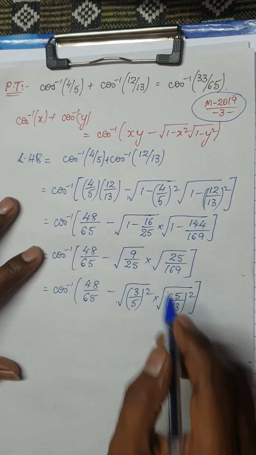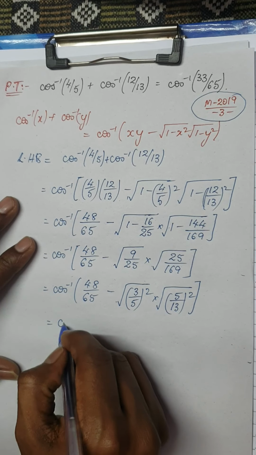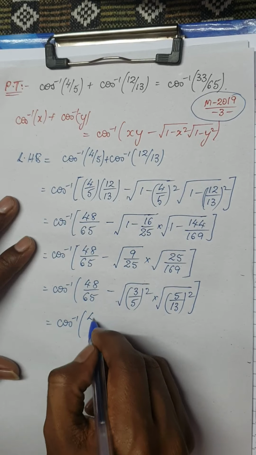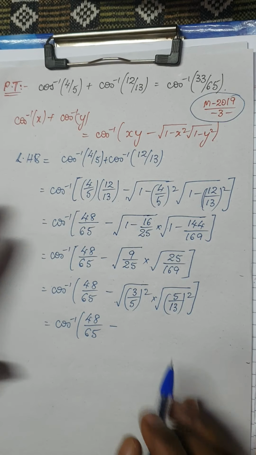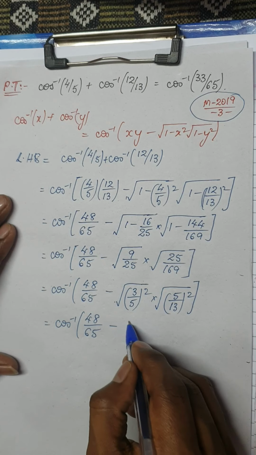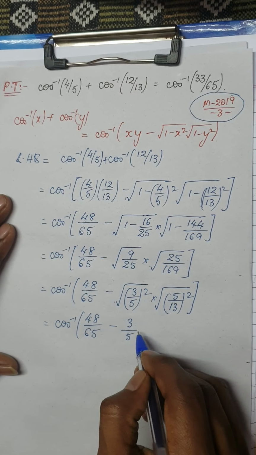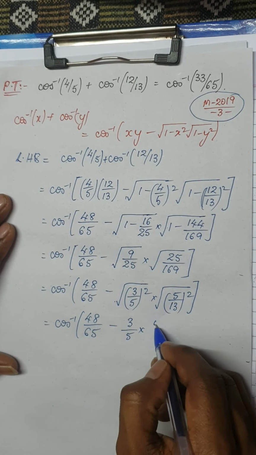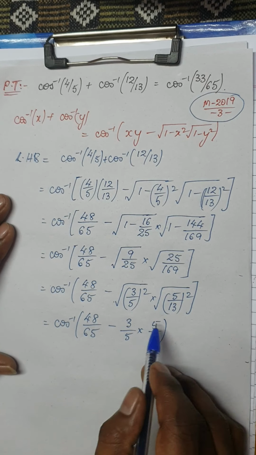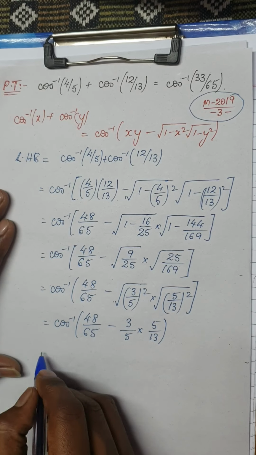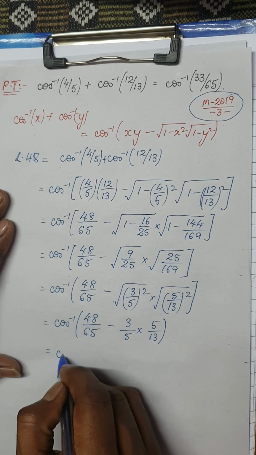Now the square and root will cancel. You are left with 48 by 65 minus 3 by 5 into 5 by 13. Don't try to cancel here, because I have the LCM in the first term as 65.